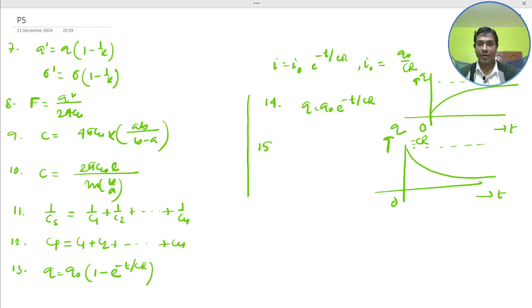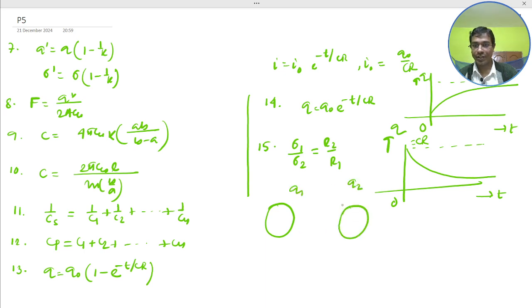So the last one is the conducting spheres connected to each other. Basically sigma 1, sigma 2, the charge densities of the two spheres. So sigma 1 by sigma 2 is equal to the reverse of the radii, R2 by R1. This is basically connected spheres.